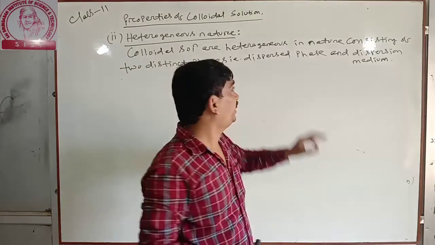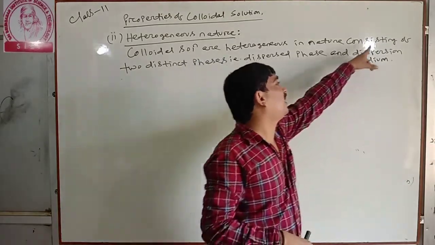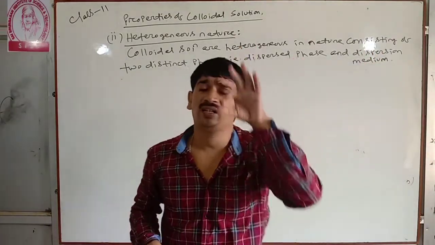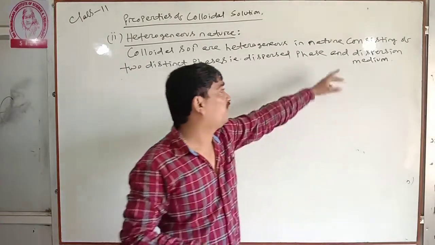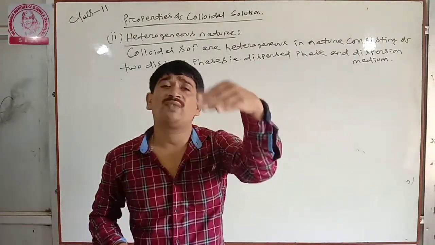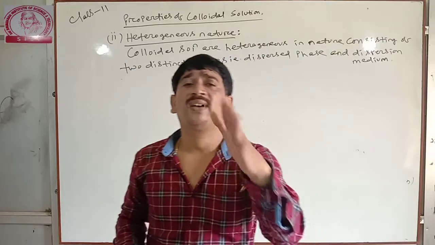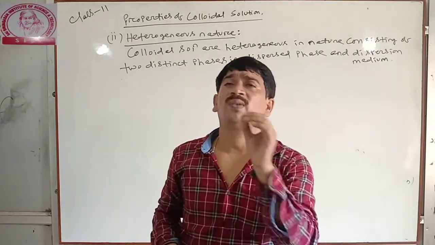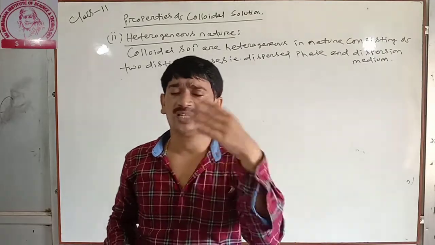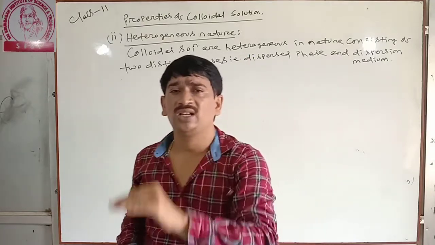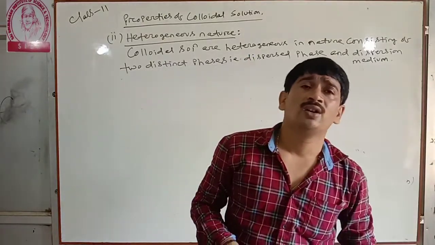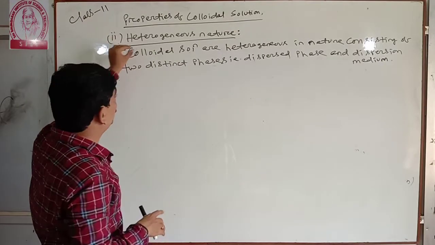The smaller part, or smaller proportion or component, is the dispersed phase, and the larger part is the dispersion medium. Clear? So this is all about the heterogeneous nature.